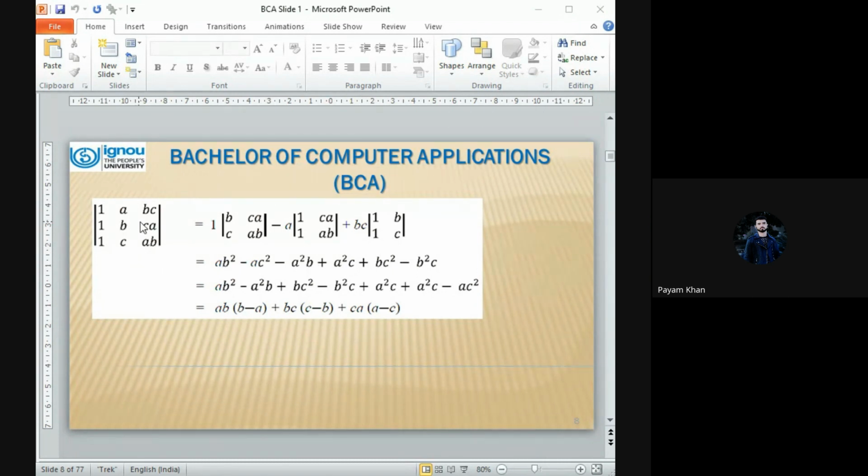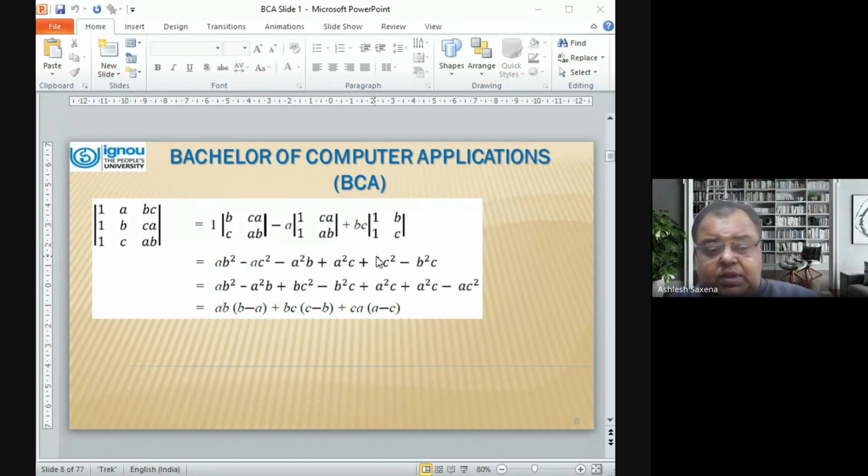When we make the determinant of A, we remove the row and column of A and we choose A in front of AB and A in front of CA, plus. For the second and the third one, BC, when we want to make it, we remove the row and column of BC and we choose one in front of C and B in front of A. After that, we minus and multiply all of them, and we can conclude it.